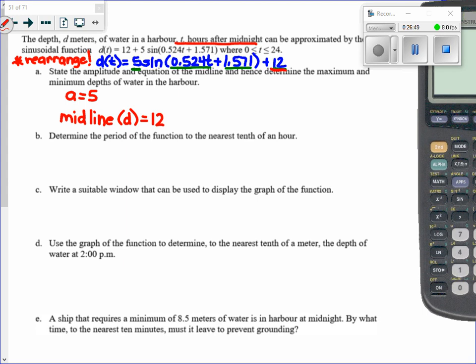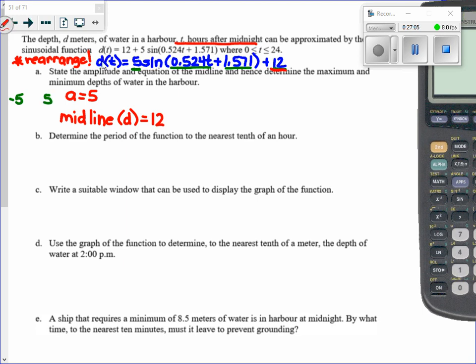So then it says from that we can determine the maximum and the minimum depths of water in the harbor. Okay, well, if my amplitude is 5, normally my minimum would have been -5 and my maximum would have been +5.